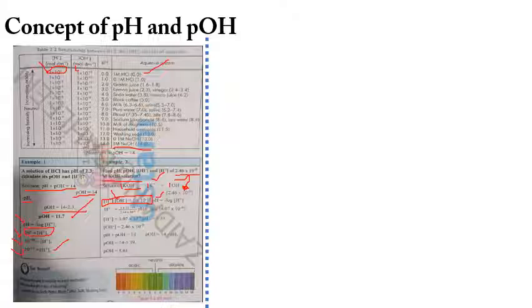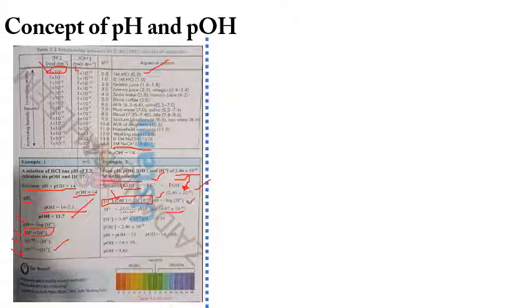H plus is equal to 1 into 10 power minus 14 divided by the OH ion concentration, which is given here. When we divide 1 into 10 power minus 14 by 2.46 into 10 power minus 9, the answer will come 4.07 into 10 power minus 6. This is equation number 1.